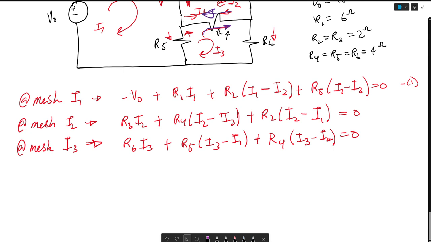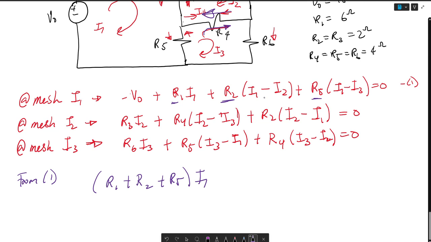Now, from equation 1, we can pull out an I1. In parentheses, if we pull out an I1, we're left with R1 plus R2 plus R5, times I1.